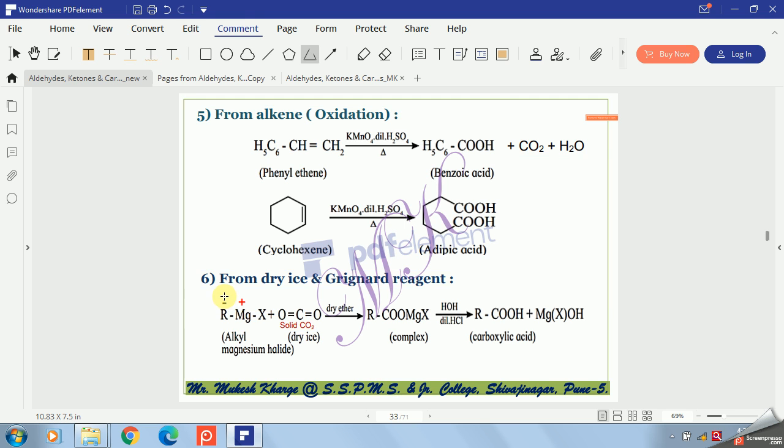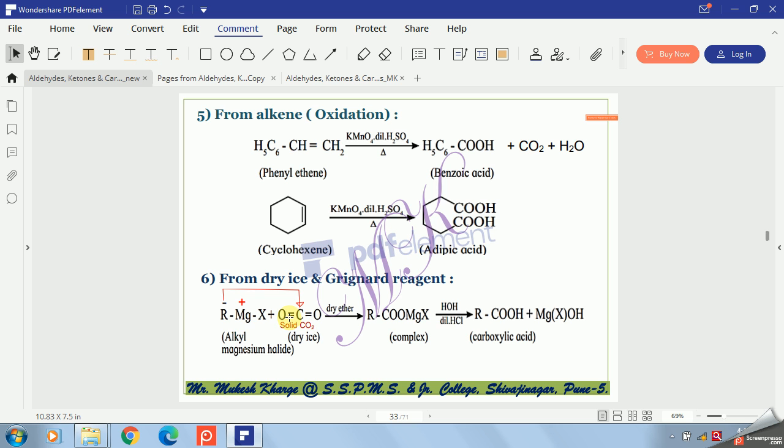So this alkyl, which is the nucleophilic part, will attack the electron deficient center, that is carbon, because oxygen is more electronegative and carbon is less electronegative. So it will attack on carbon. Okay, so R minus will attack on carbon.